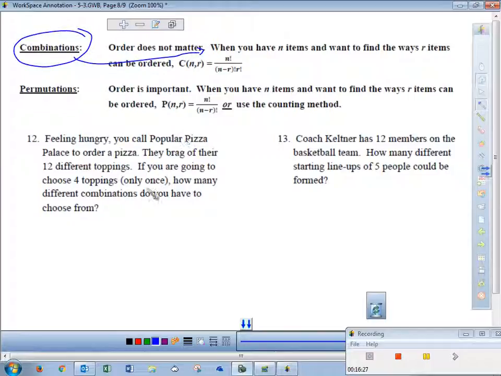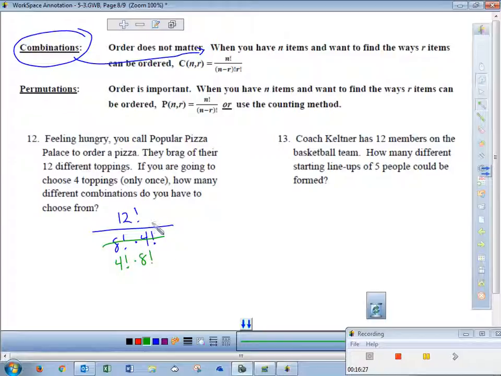You're not going to pick any topping more than once in this problem also, so we're using this formula. 12 total over, you're going to do 12 minus 4, which is 8 factorial, times 4 factorial. Because it's n minus r, here's 12 choose 4. Let's say you actually wrote it like this, 12 factorial over 4 factorial times 8 factorial.